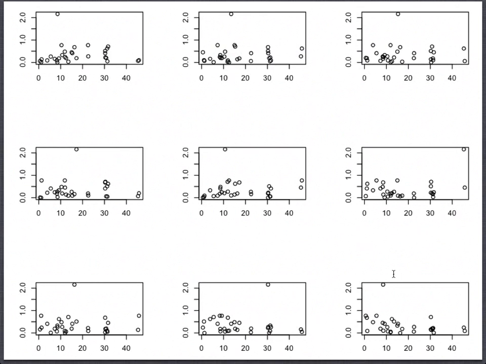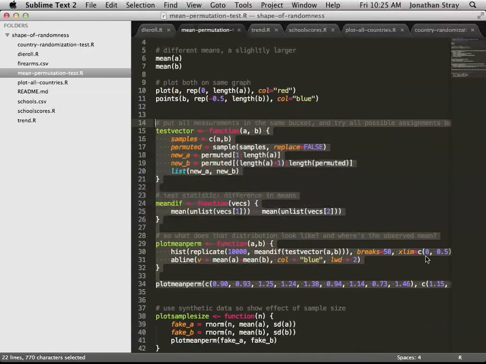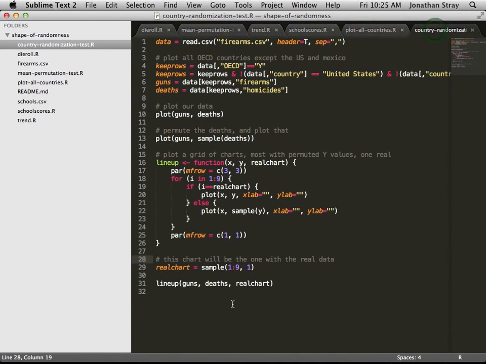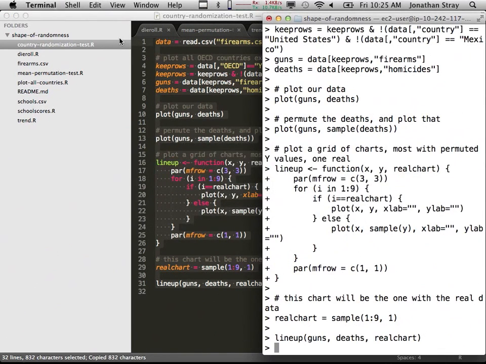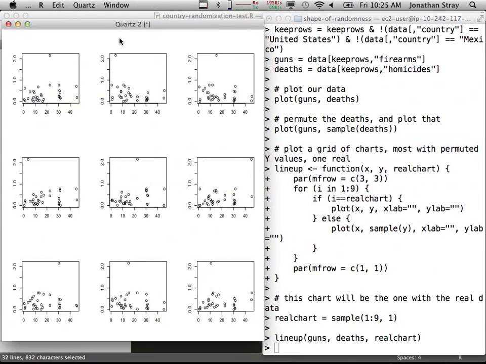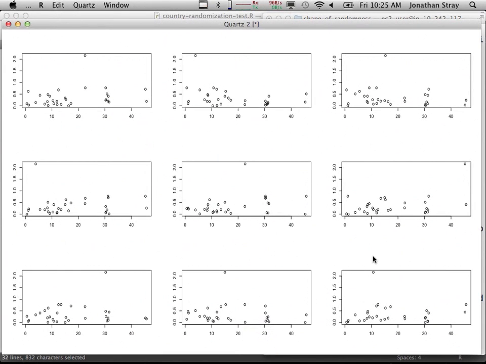So which one of these is the real data? In fact, we can do this experiment right now. So here you go. One of these is actual data on gun deaths versus firearm ownership.